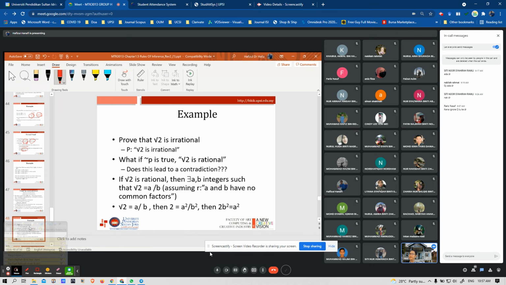Okay, this one is an example. Prove that the square root of 2 is irrational.